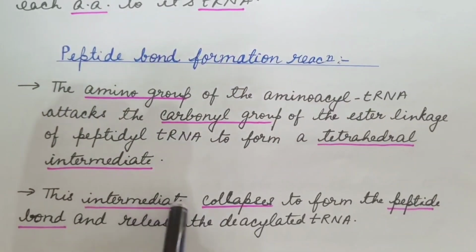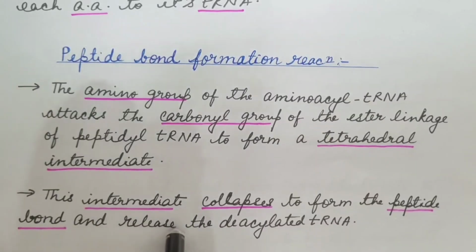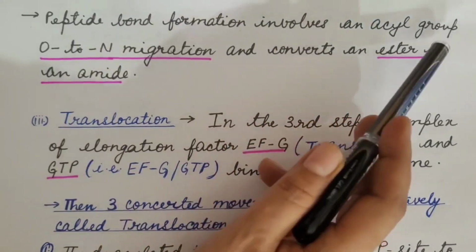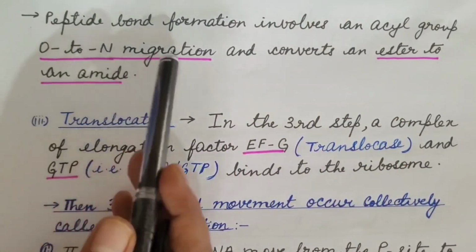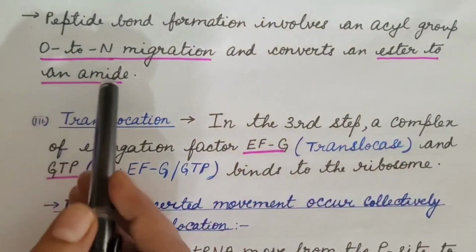This intermediate collapses to form the peptide bond and release the deacylated transfer RNA. Peptide bond formation involves an acyl group O to N migration and converts an ester to an amide.